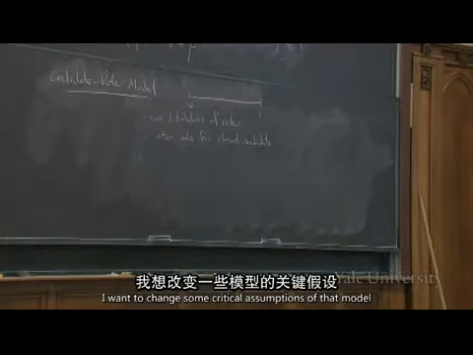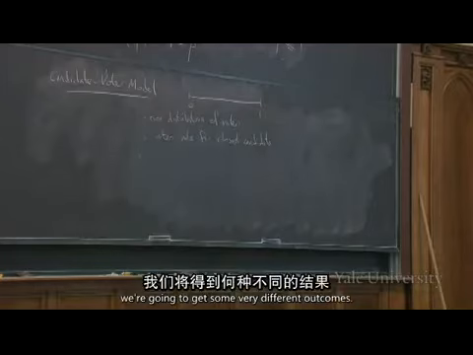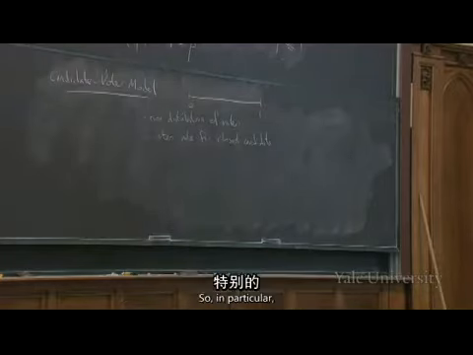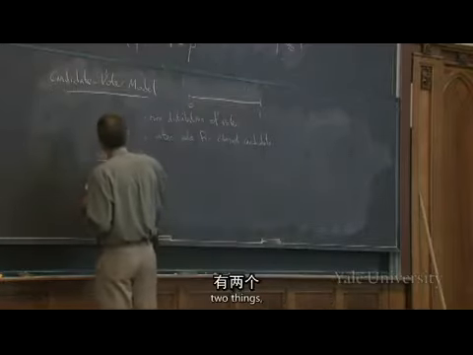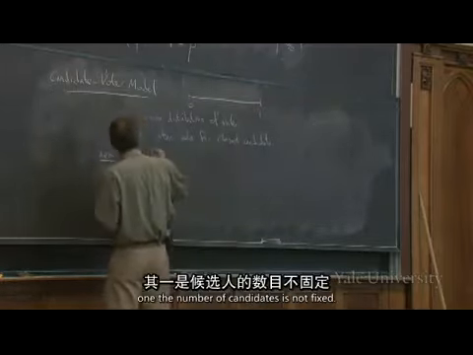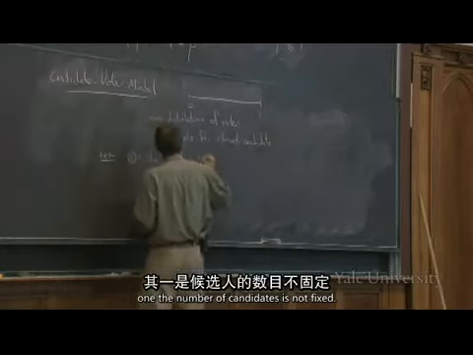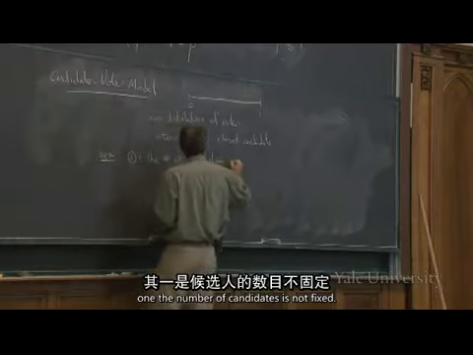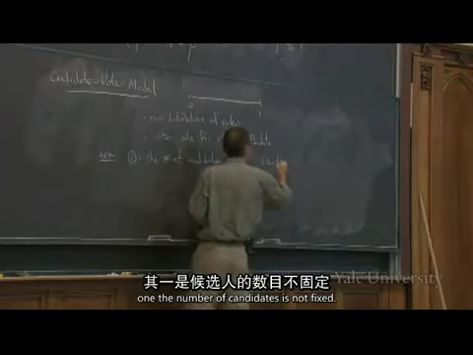But I want to go back there, because what I want to do now is change some critical assumptions of that model and see that by making those changes, we're going to get some very different outcomes. So in particular, there are two new things here. One, the number of candidates is not fixed.